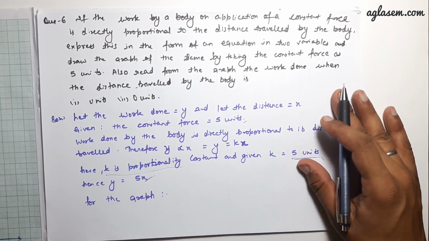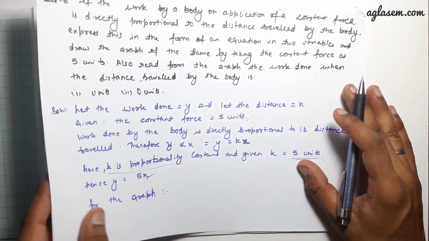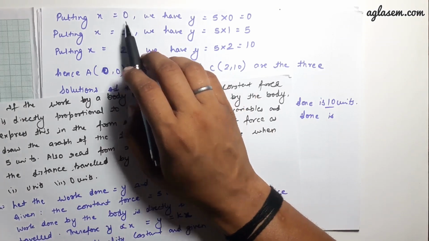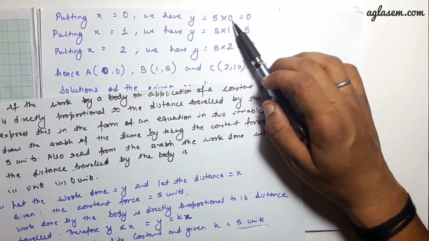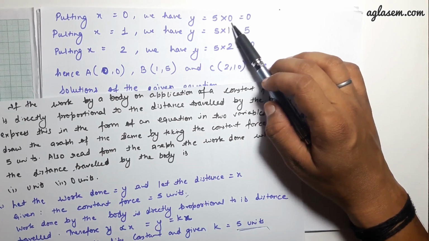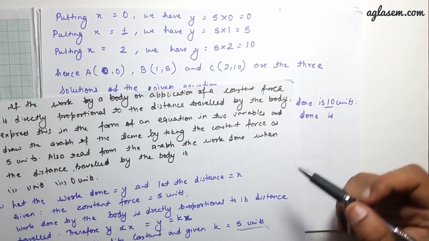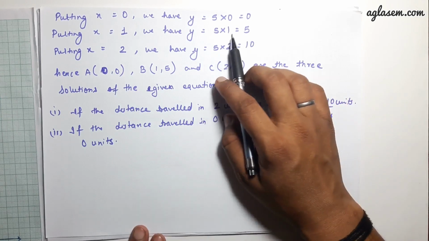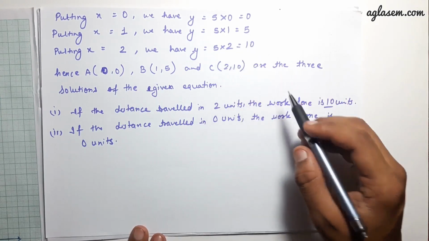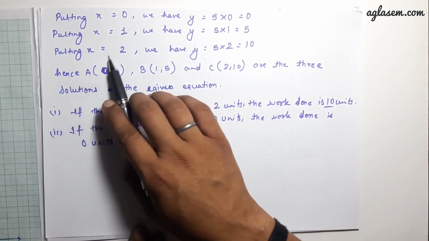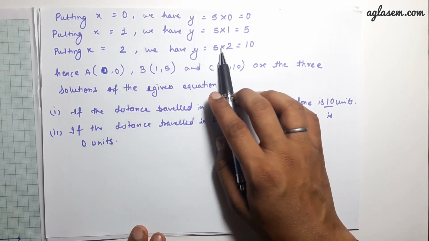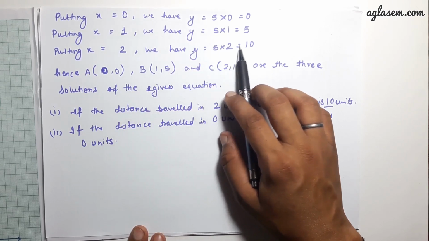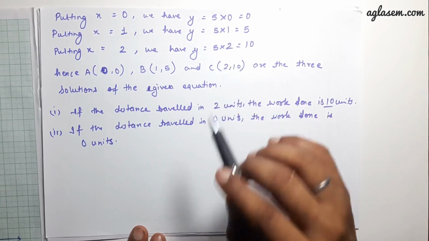For the graph, putting x equal to 0, we have 5 into 0 equals 0, so we get (0, 0). Putting x as 1, we have y equal to 5 into 1 equals 5, we get (1, 5). Putting x as 2, we have y equals 5 into 2 equals 10, so we get (2, 10).